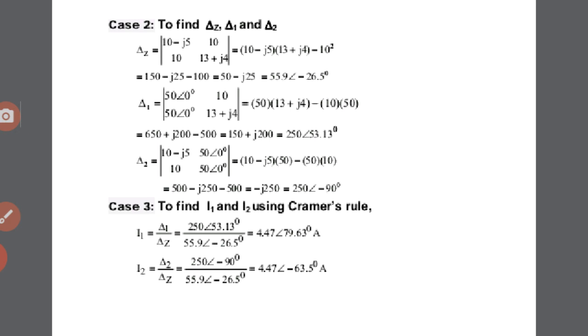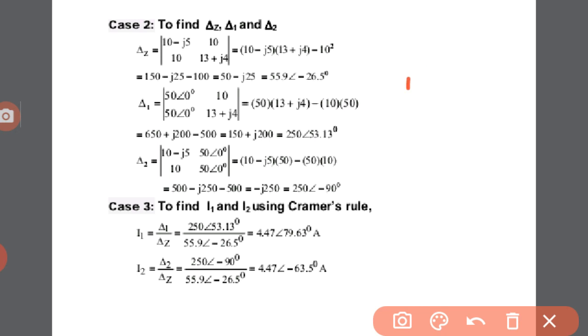So this is totally about mesh current analysis. In this mesh current analysis, first we learned what mesh analysis is, or otherwise what a loop is. A loop means all the elements are connected in a closed path.